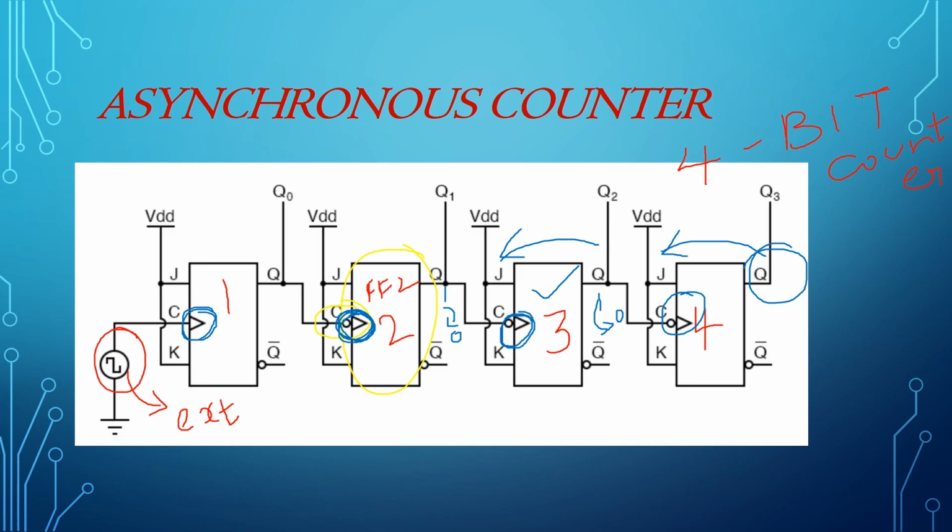So in a JK flip flop, if J is 1 and K is 1, then the output toggles. In all other times, the flip flop holds its previous output value. So this is the best example which describes the asynchronous counter.